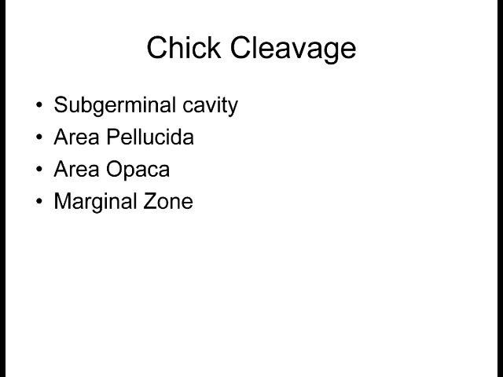So what that does is it creates an area that is much lighter. When you look at it, it's much more clear. We call it the area pellucida. And the reason why it's much clearer is because water is between the yolk area and these cells that are forming, and therefore it's a little clearer to look through. The area just outside of that, where cells are also forming, is called the area opaca.